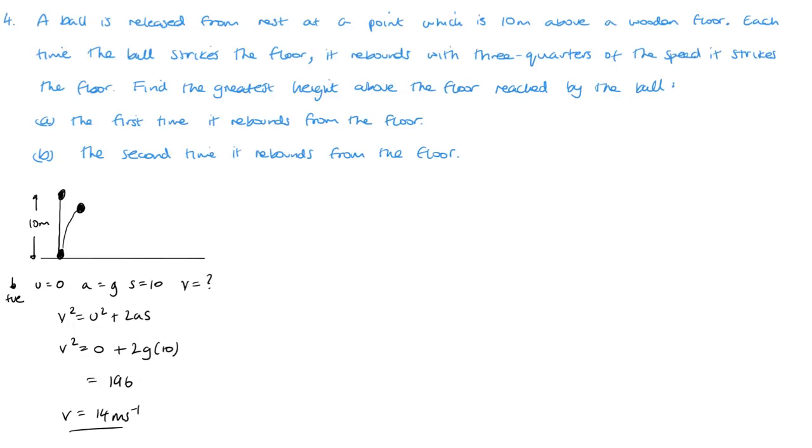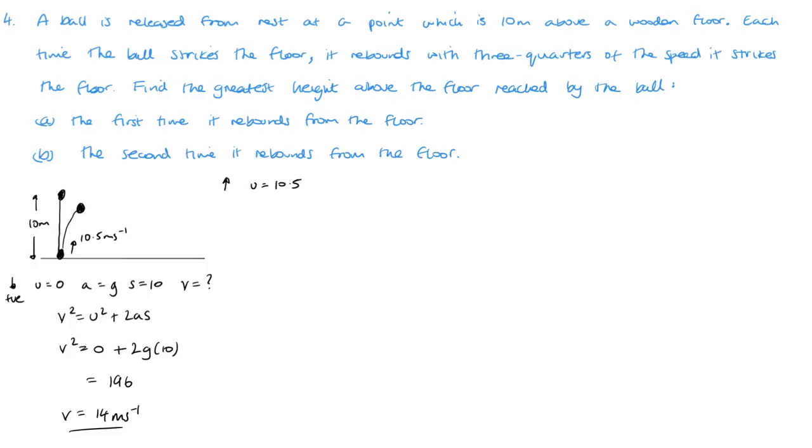Now, as it's rebounding, it's going to be rebounding with 3/4 of that. So times that by 0.75, and we get 10.5 meters per second. So now U equals 10.5 meters per second.